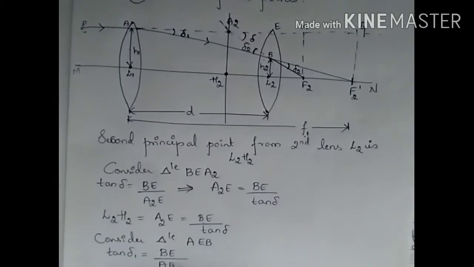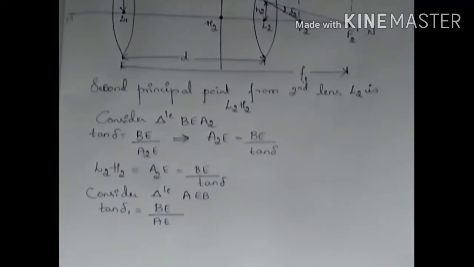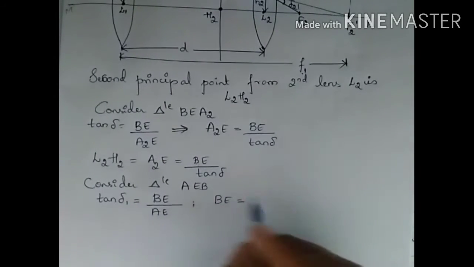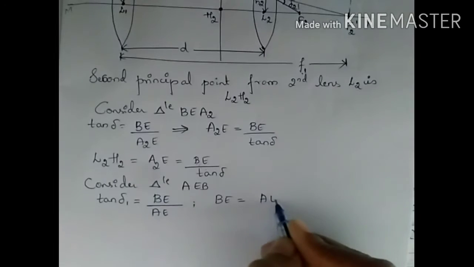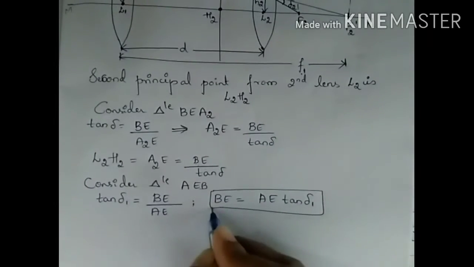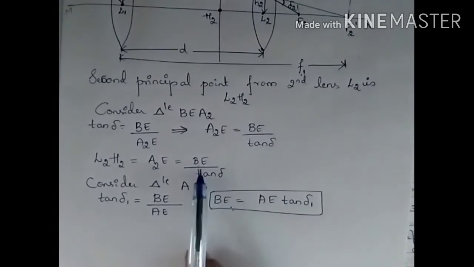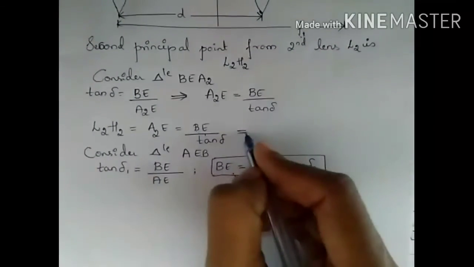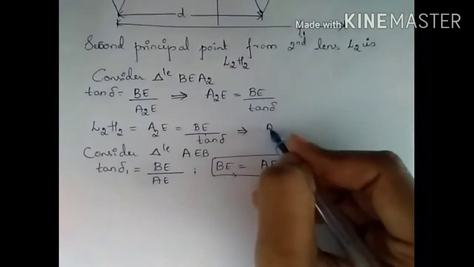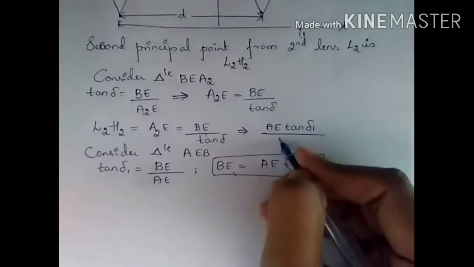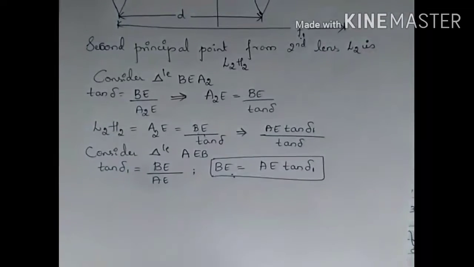You need BE. So BE is equal to AE tan of delta 1. So you got the value for BE. Substitute this BE in the equation for L2H2. What will you get? You will get AE tan delta 1 divided by tan of delta. So this is for L2H2.